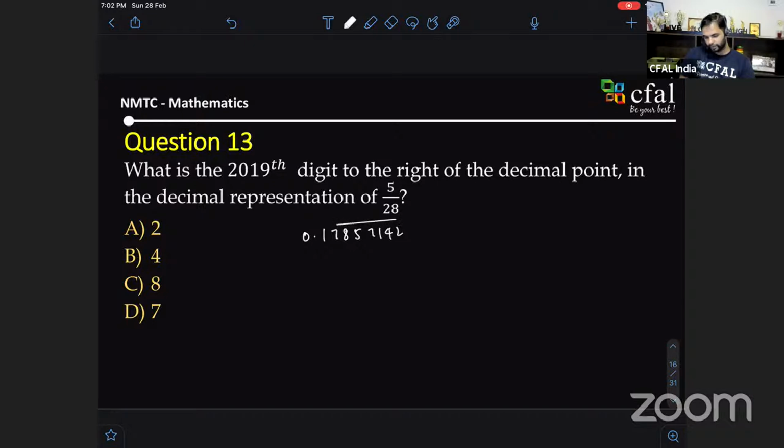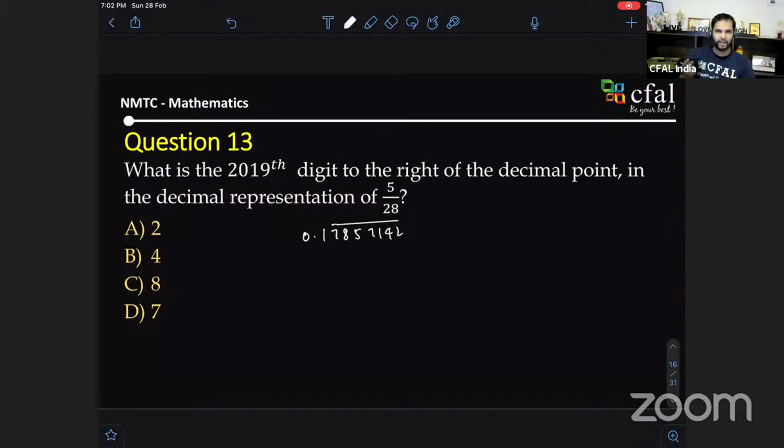I hope all of you have done this by dividing and not using calculators, because calculators won't be allowed in your exam, even though it looks easy that way. Whenever it's a rational number, you'll get some recurring elements, because if it's non-recurring, we can't write it in the form of P by Q, correct?